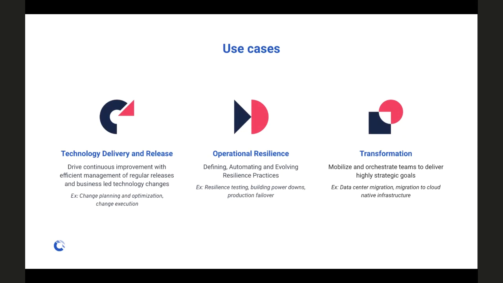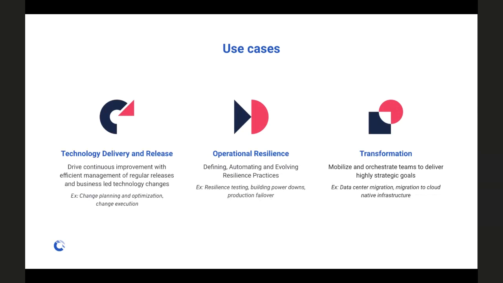From a transformation perspective, it's a bit more wide. We do see a number of different use cases, things like data center migrations to the cloud, SAP migrations that Cutover is being used for, or even things like HR systems that would migrate to, like, a Workday migration from some of our clients.